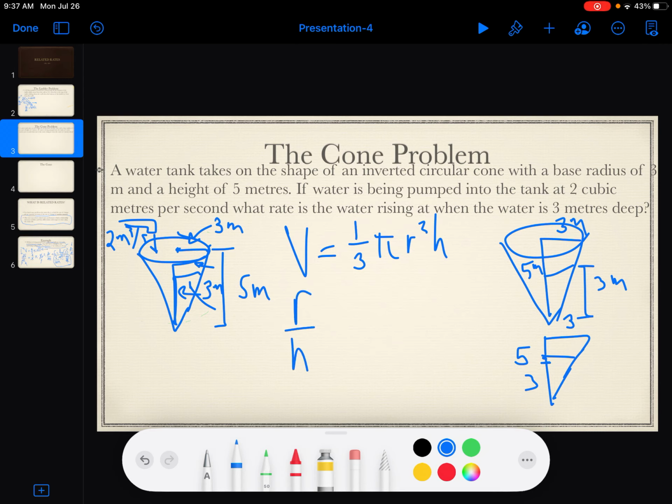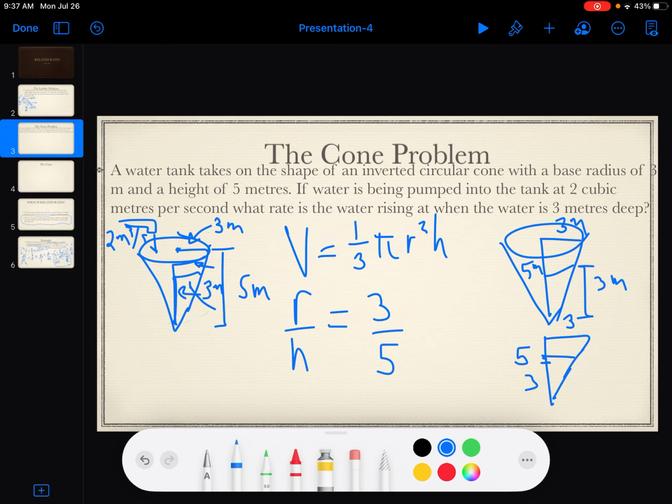R over H. What is the ratio of the radius over the height? Dealing with the entire cone, not the part where I'm saying the depth is 3 meters. Well, the ratio between these is 3 meters over 5 meters, correct?